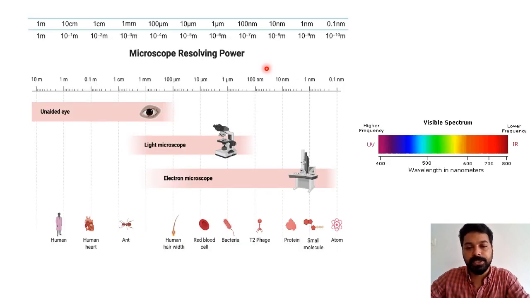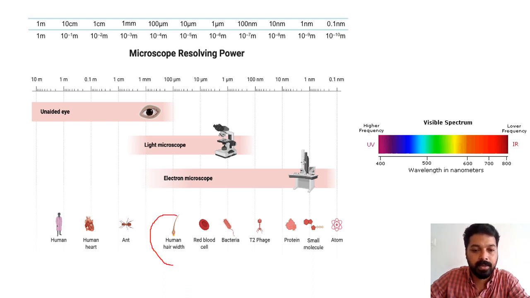As an introduction, you can see that there is electromagnetic radiation. By using our naked eye, you can visualize up to 100 micrometers, for example something like hair, which is in the range of 60 to 100 micrometers.